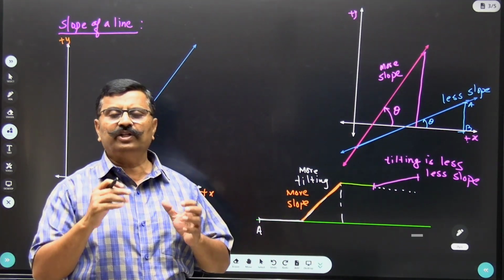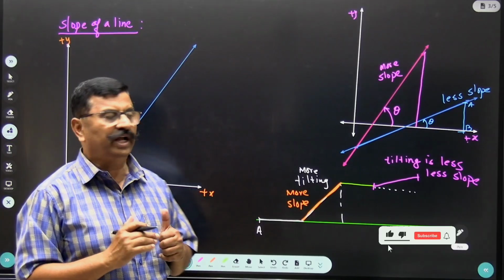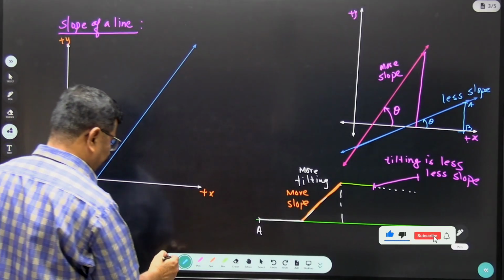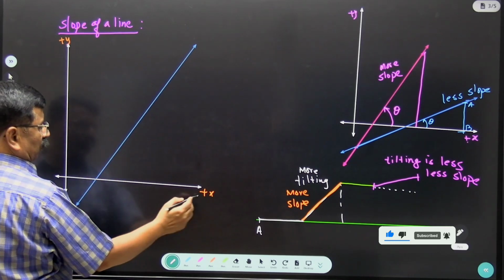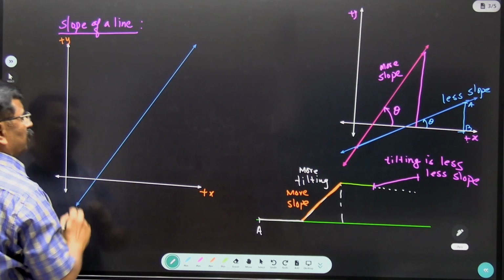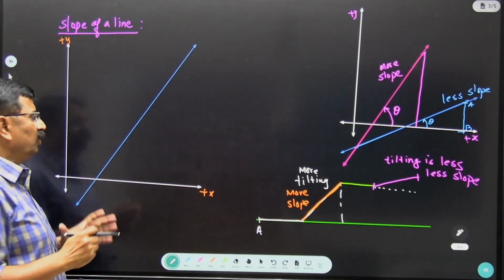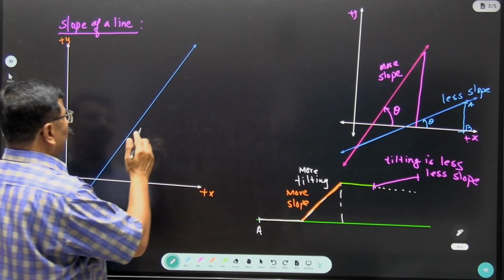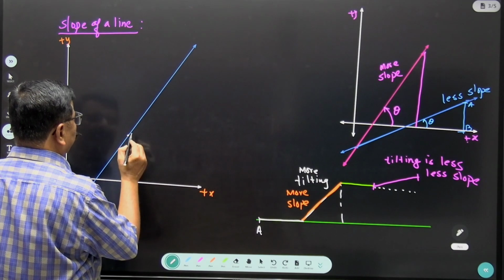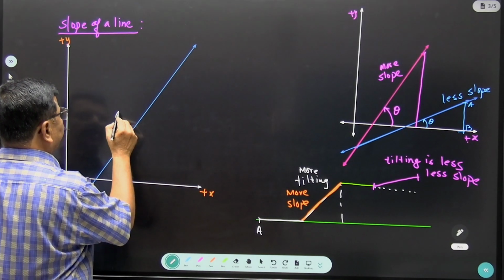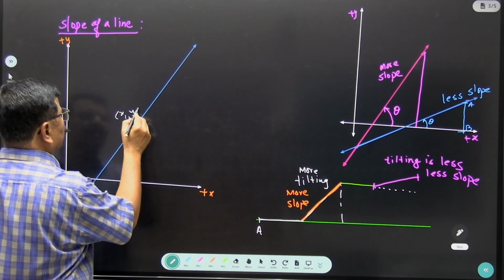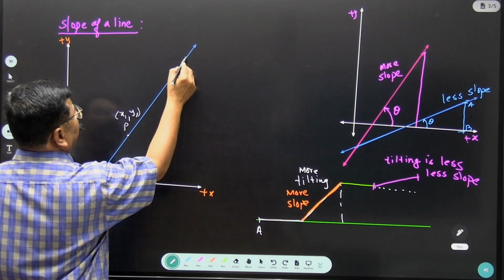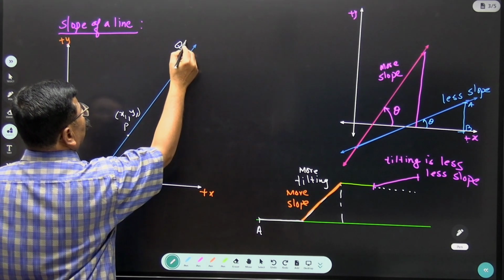Then how do we find the formula for the slope of a line? Let's take this. Now this is the positive x-axis and this is the positive y-axis. For example, I have taken a line in the first quadrant, though it is not necessary that the line always has to be in the first quadrant. I will take this point as P, and the coordinates of point P are x1, y1, and I will take another point Q on the line.